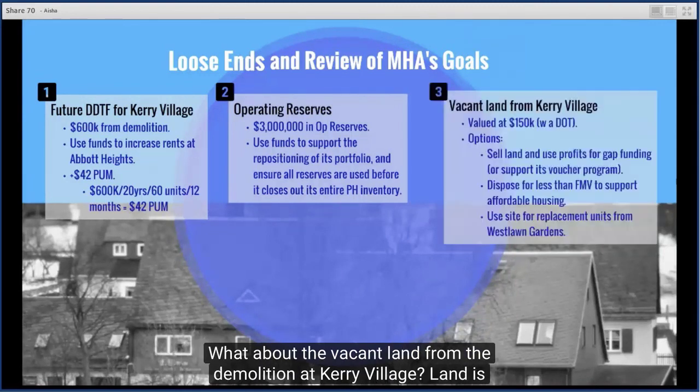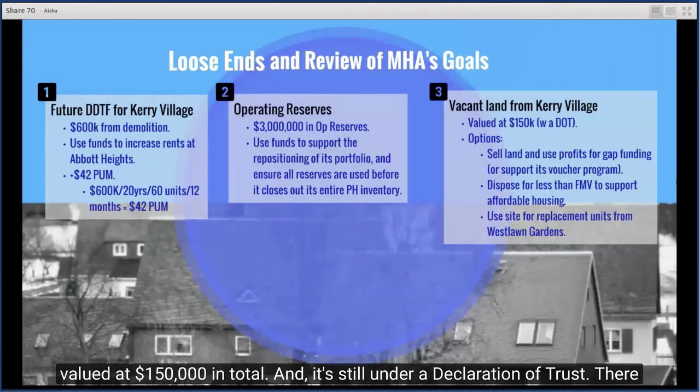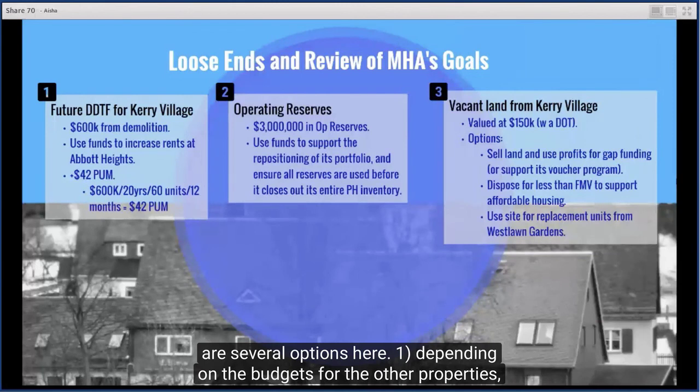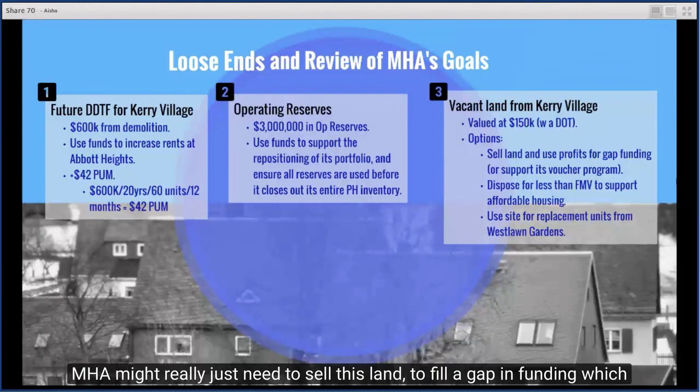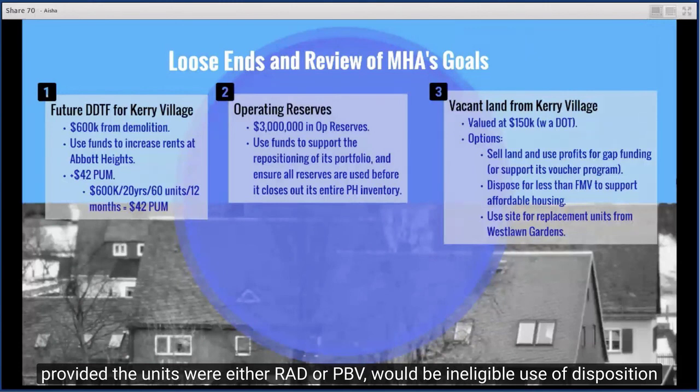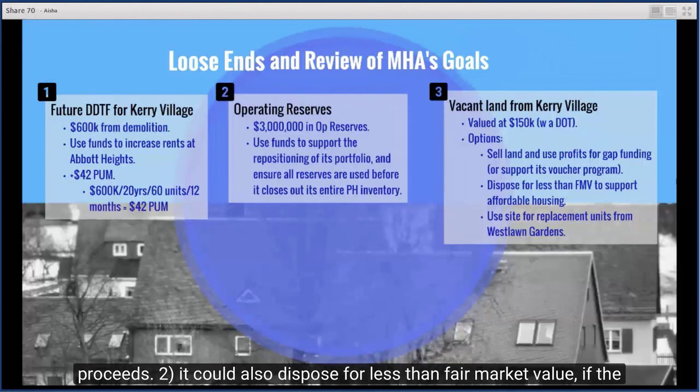And what about the vacant land from the demolition of Cary Village? The land is valued at $150,000 in total, and it's still under a declaration of trust. There are several options here. First, depending on the budgets for the other properties, MHA might really just need to sell this land to fill a gap in funding, which, provided the units were either RAD or PBV, would be an eligible use of disposition proceeds.